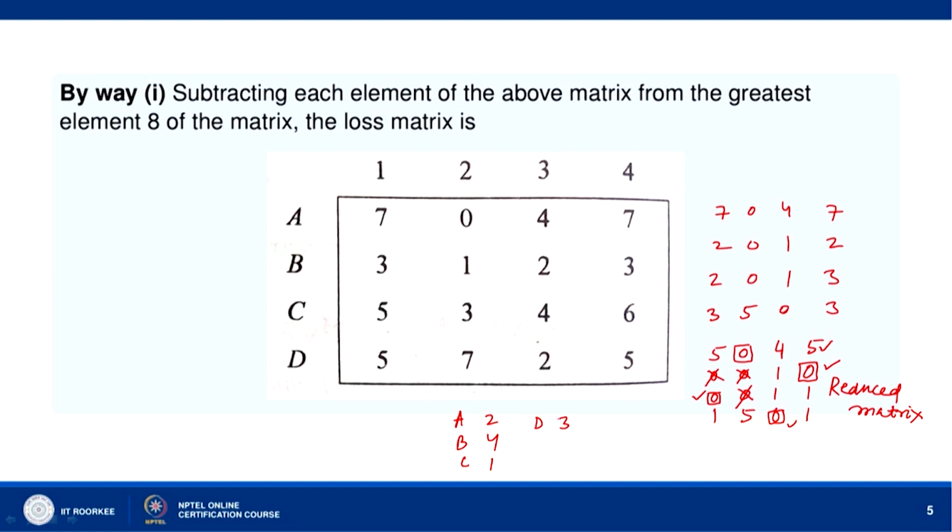So, when A is given the product 2, B is given the product 4, C is given the product 1, and D is given the product 3, then the profit will be the maximum.